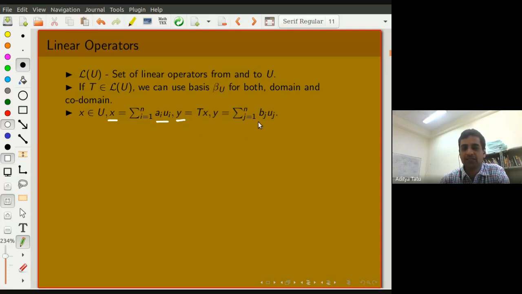That also can be written as a linear combination of the same basis U1 to Un. In that case, the notation would be T from beta U to beta U. Okay, this will be a matrix that will be of size n cross n and will contain elements from the field. All right, this is just a specific example of what we did in the previous slide. Is that all right?